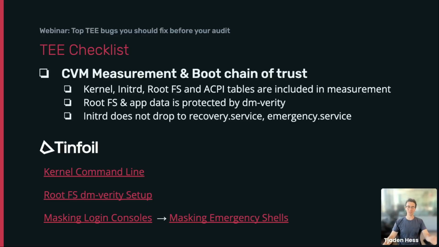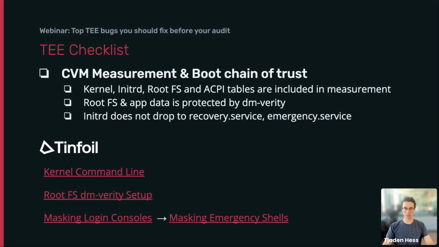And because this happens after the initial code measurement is put into the measurement register, anyone who's able to get access to the CVM at this stage is able to generate attestations over basically anything they would like, and thus impersonate a genuine CVM and steal user data.